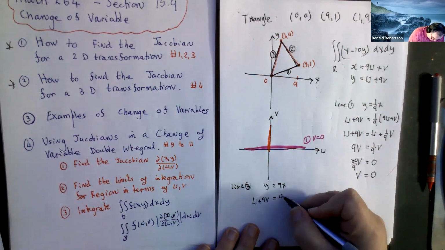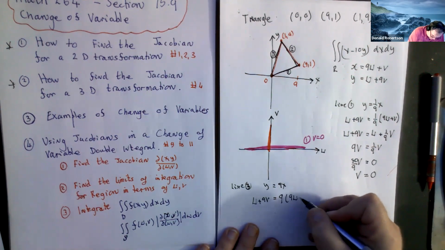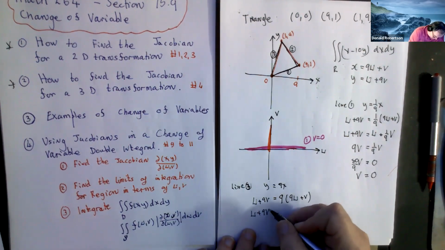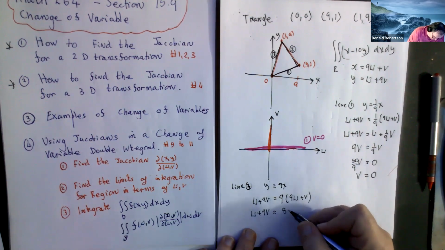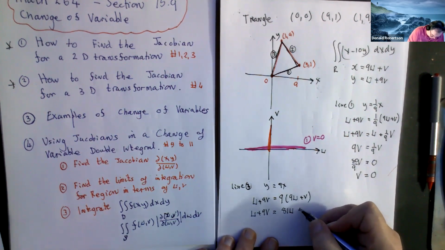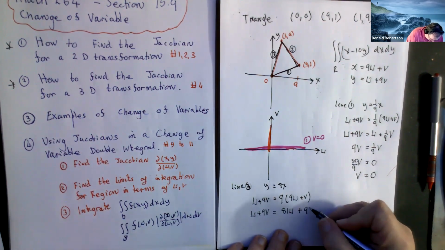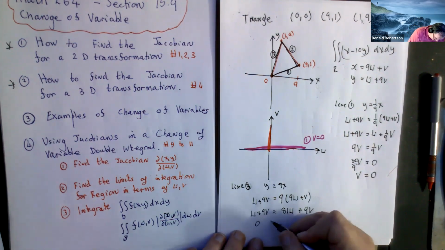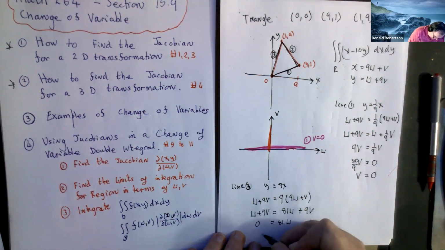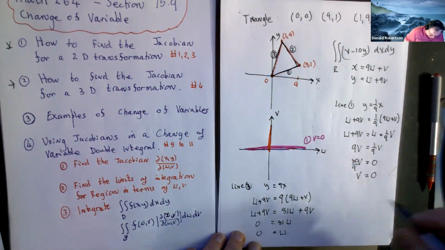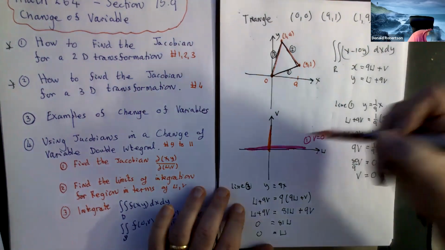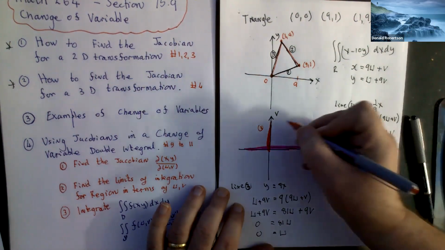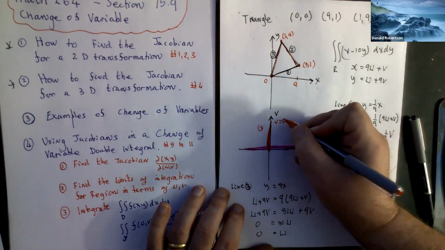The 9x gets replaced by 9 lots of 9u plus v. Oh, cool. They cancel out. And guess what? U equals 0. So that guy that I did here is actually line 3, and it's u equals 0.